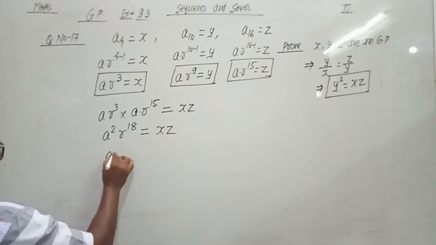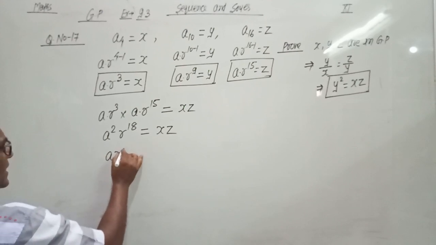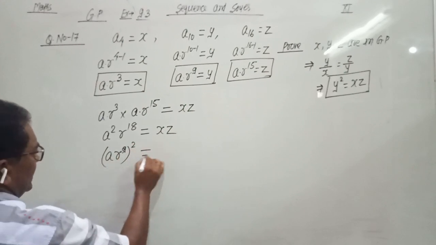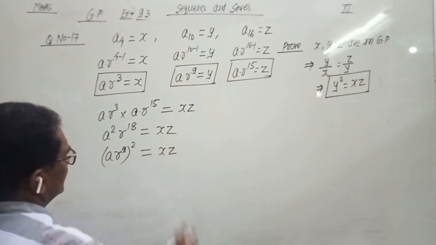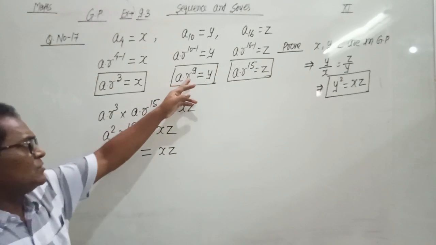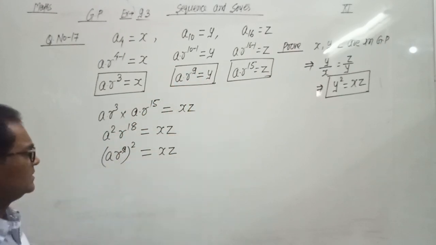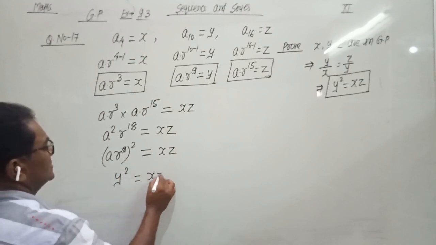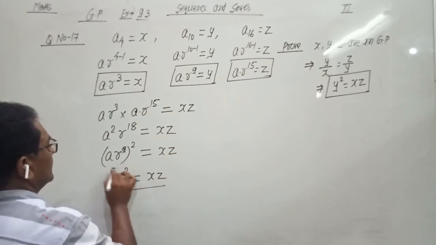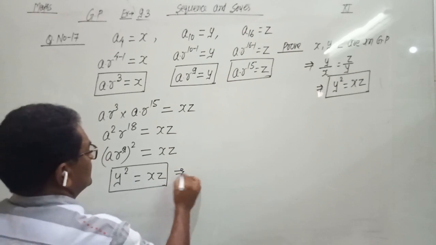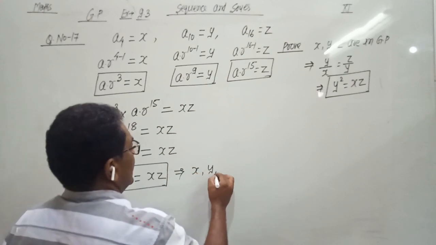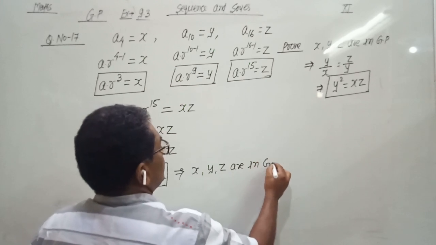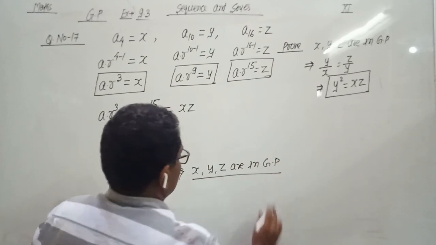This can be written as a into r raised to the power 9 the whole square equals to xz, and a into r raised to the power 9 is written as y. So y square equals to xz. So this implies x, y, z are in GP. This we had to prove.